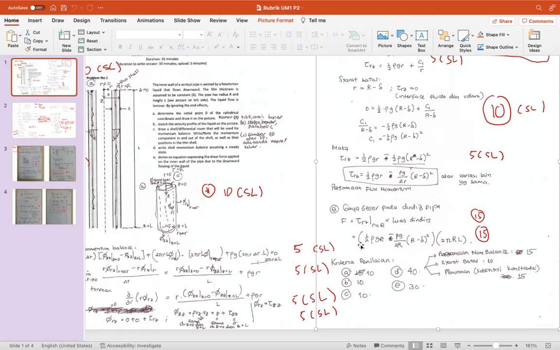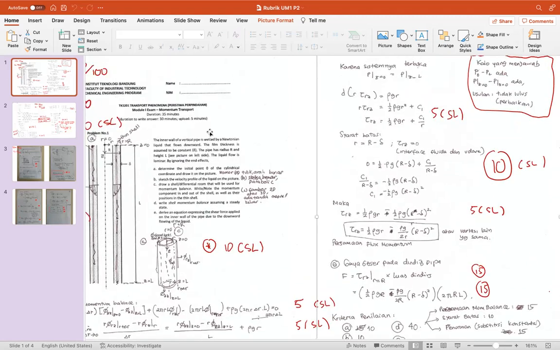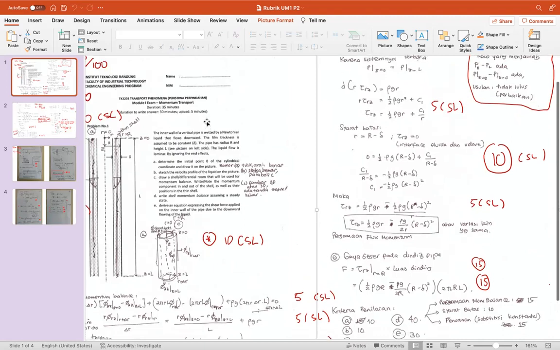Okay, so here we have 70 points for syarat lulus, and then another 30 points to make it equal to 100.